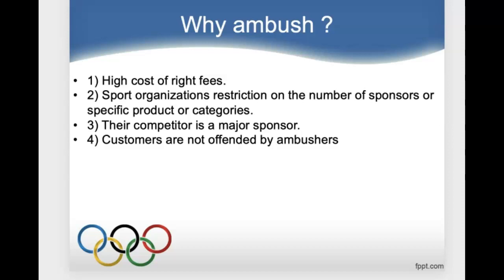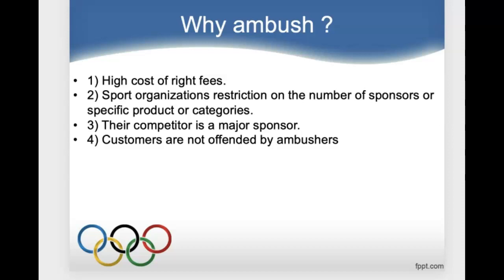So that's why those more likely to use ambush marketing strategies are the sponsors' main rivals, their main competitors in the market. They don't have these opportunities, so they have to use ambush marketing strategies. And the last thing is that customers are not often offended by ambush marketers. Just look at the Target example we talked about previously.